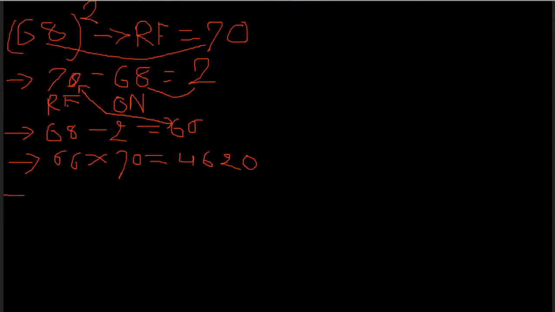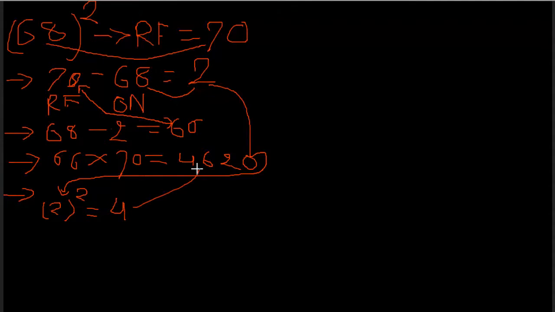It's 4620. In our fourth and final step, we need to make a square of the difference we got in the first step. So in the first step we got the difference of 2, and the square of 2 is 4. We need to add this 4 to the result we got in the third step.